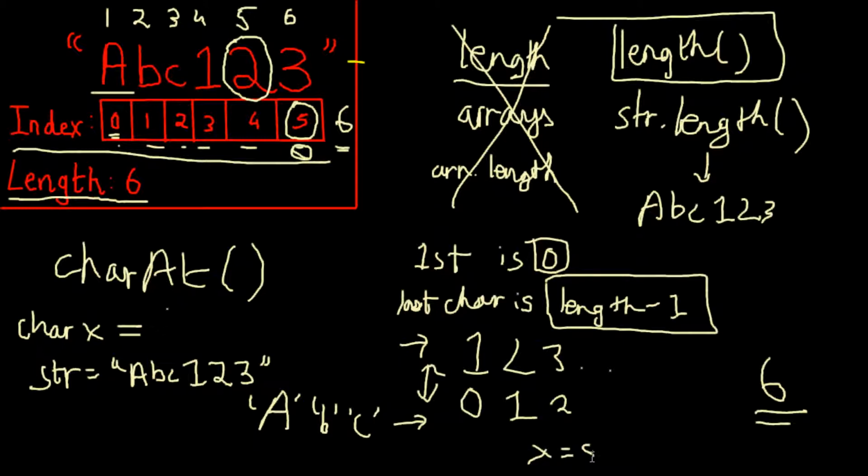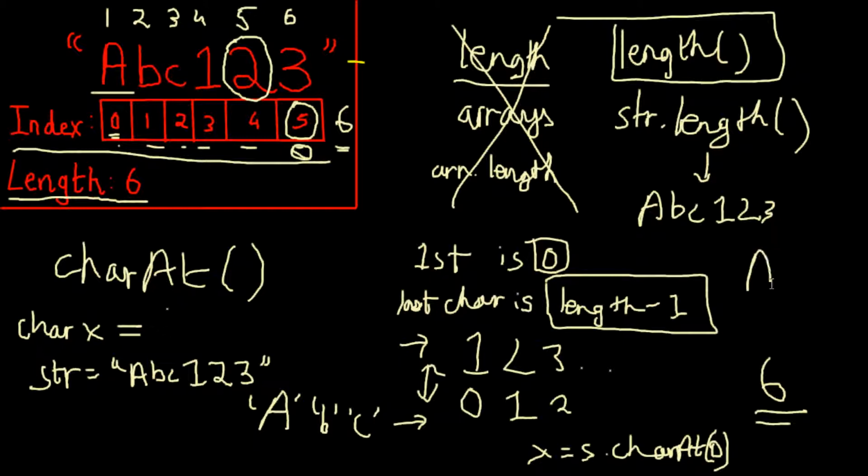That means the character with the index 0 will get stored in x, and the string is s only that we're talking about. So from the string s, that's ABC123, x will take up the value of the 0th index, and that'll be an a. Then what we do is just print it by doing System.out.println. The for loop comes back again.